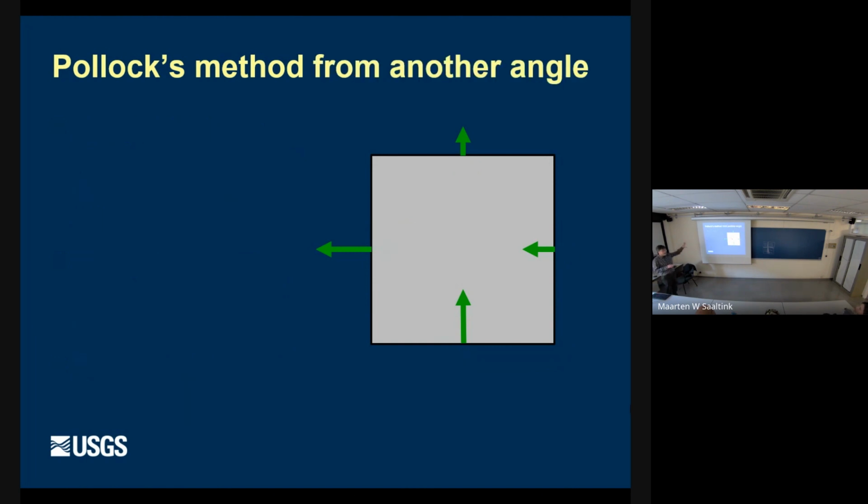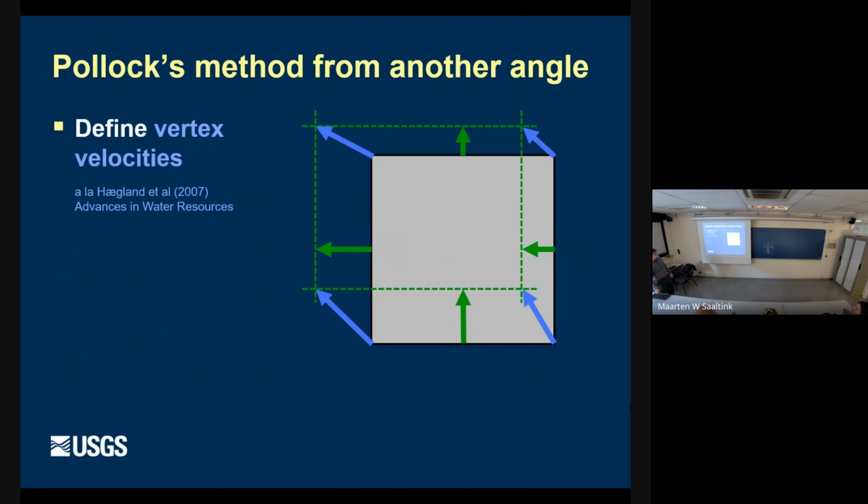So let's look at Pollock's method from another angle to set the stage for the new method. So again, we have our normal velocities on the rectangle. What we're going to do is define vertex velocities that are consistent in some sense with those normal velocities, those edge velocities, right? And this is not a brand new idea.